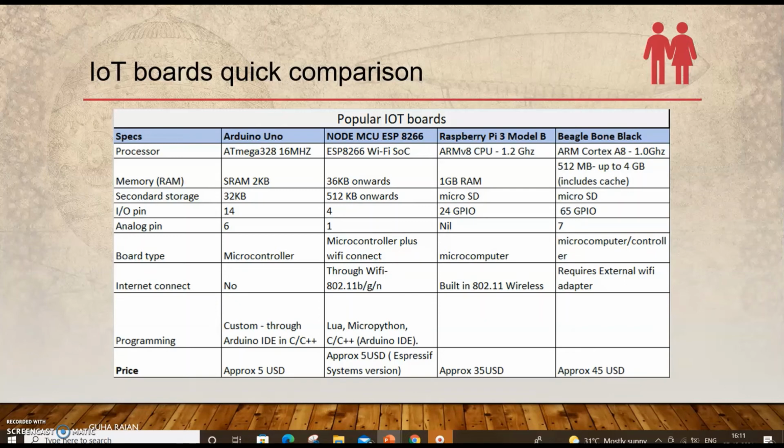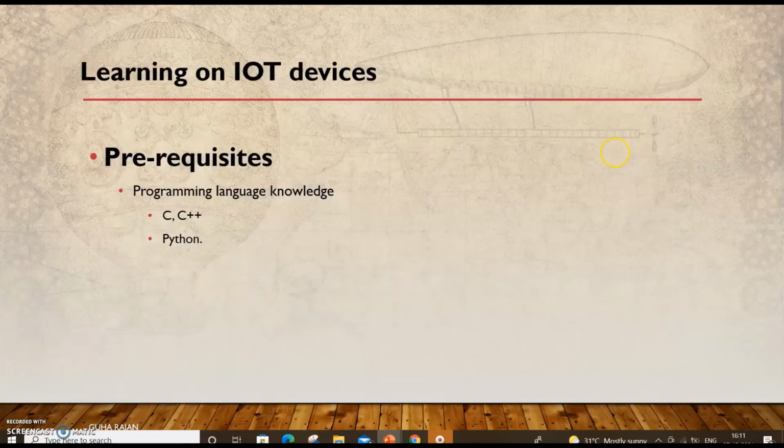Raspberry Pi is there, Banana Pi is there, Orange Pi, and each is different, of course, made by different companies. And again, the prerequisite, if you want to technically get into it, is that you need to be strong on Python.